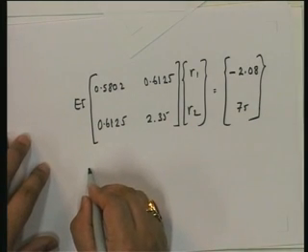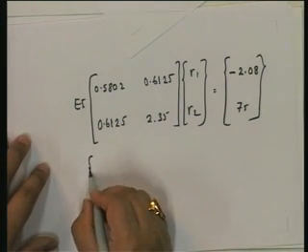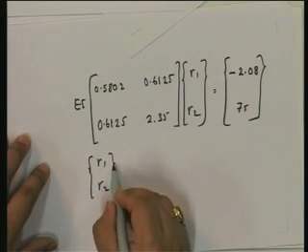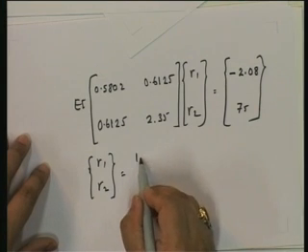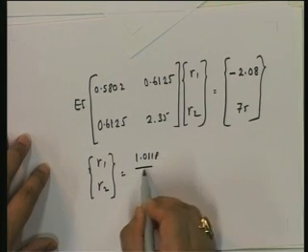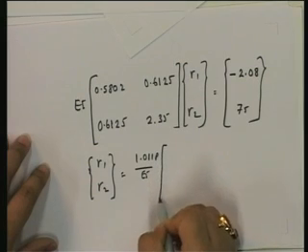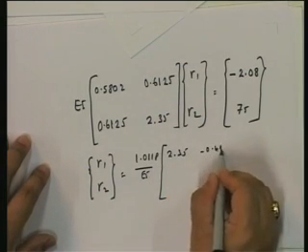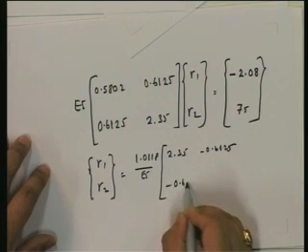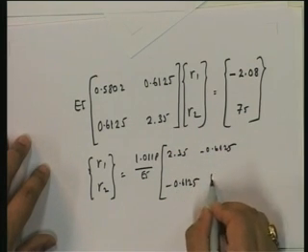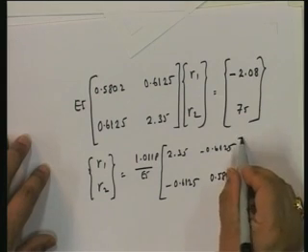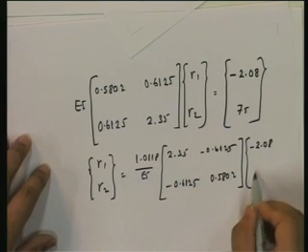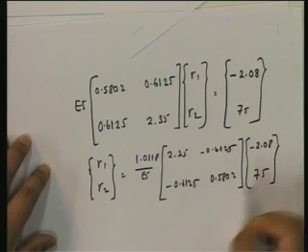So if we get here R1 and R2, it turns out to be equal to 1.018 upon EI, 2.35 minus 0.6125 minus 0.6125, 0.5802 into minus 2.08 into 75.